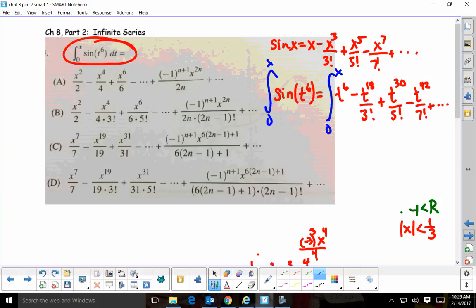So now I can take the antiderivative, plug in x, minus the antiderivative plugged in at 0. So this would be t to the 7th over 7 minus t to the 19 over 19 times 3 factorial.